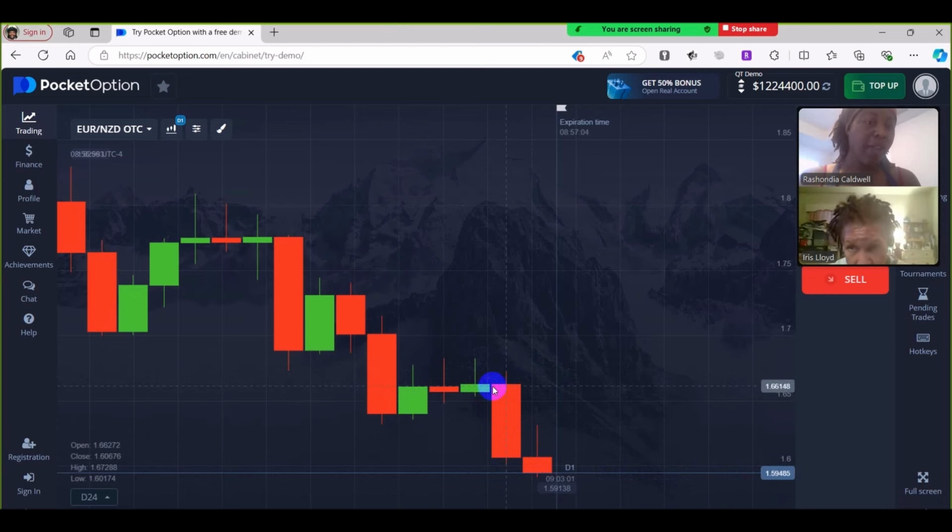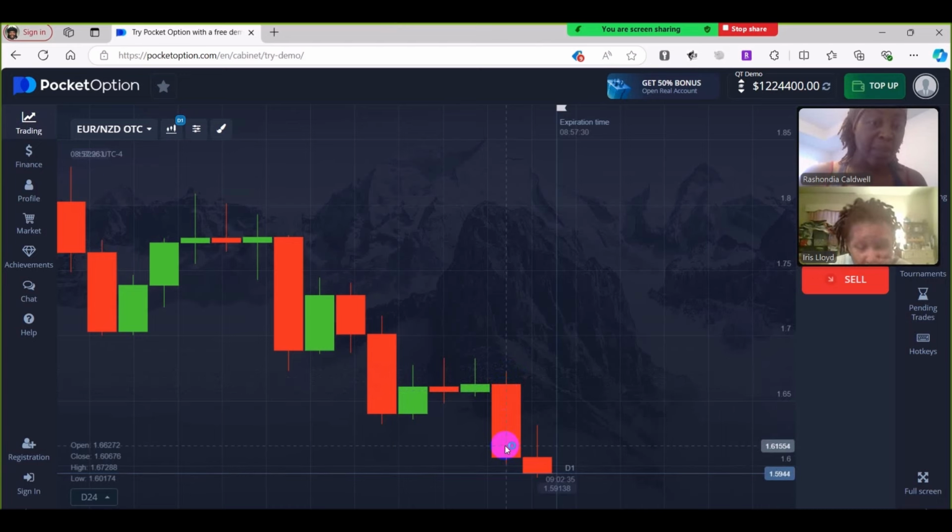Now where you see the wicks at, that means that it went up. It started right here where you see the body at for the red one. It started right here and went up, so that made it green. But it couldn't go past this point, turned around, came back down to the opening right here, and then past the opening going down, and that made it red.